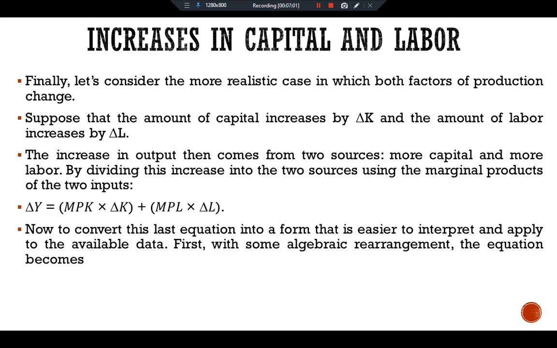Okay, now convert this last equation into a form that is easier to interpret and apply to available data.